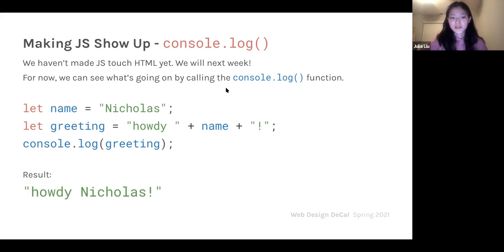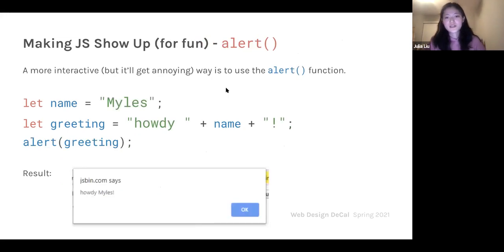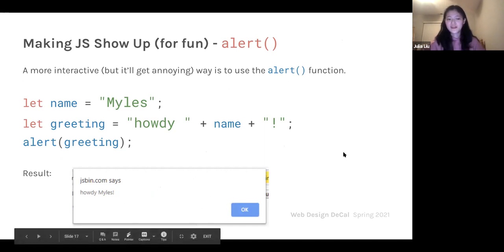Okay, moving on. There's another function that you can use called alert. This is a more interactive way to verify things. It has this result that you see on the bottom, where there's a pop-up that shows in your browser.